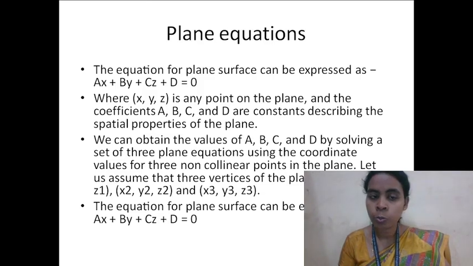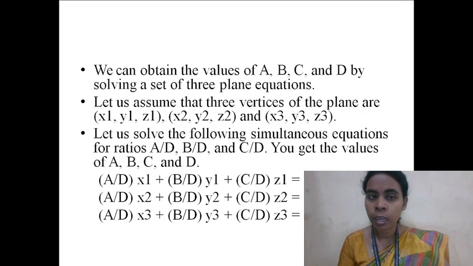Let us assume that three vertices of the plane are (x1, y1, z1), (x2, y2, z2) and (x3, y3, z3). The equation for the plane surface can be expressed as Ax + By + Cz + D = 0. We can obtain the values of A, B, C and D by solving a set of three plane equations.